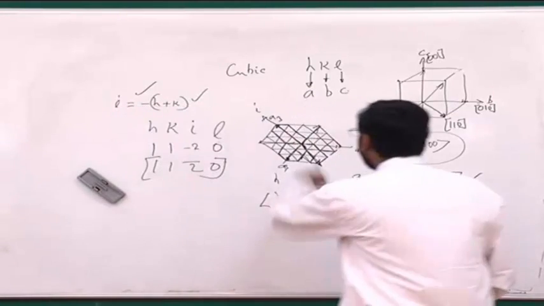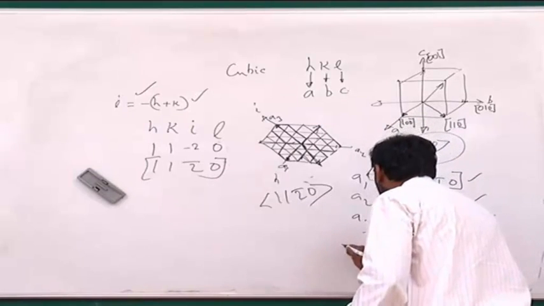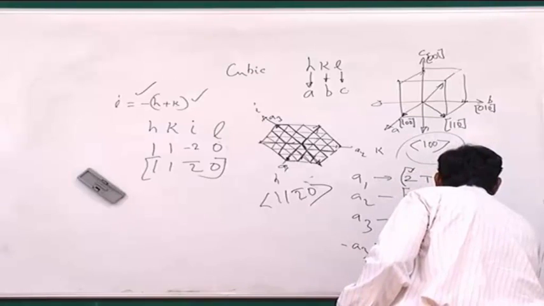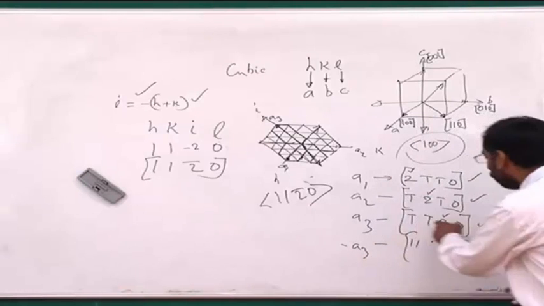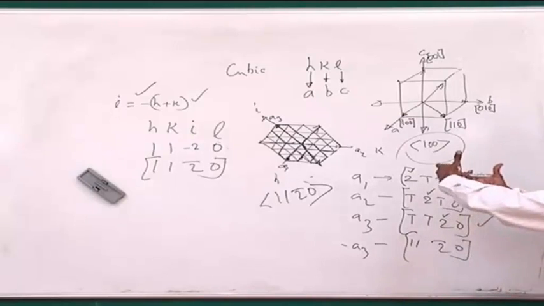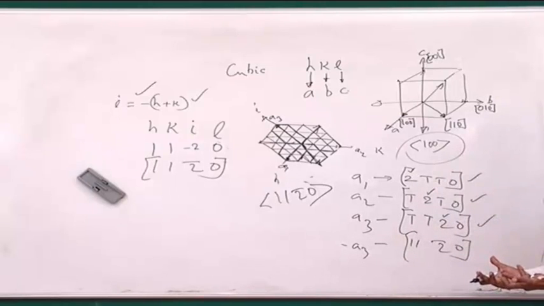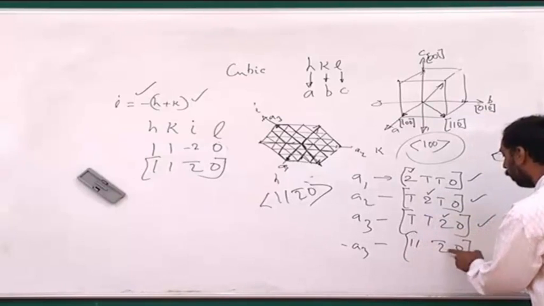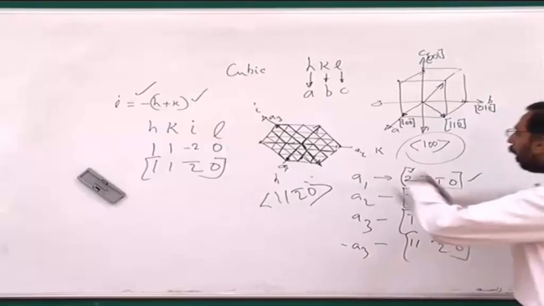So you can see this is actually negative of A3. So minus of A3 is what? 1, 1, bar 2, 0. This is bar 1, 2, 0. This is 1, 1, bar 2, 0, which is the inverse of it. Very clearly I can see this. So if this is bar 1, 2, 0, this will be 1, 1, bar 2, 0. And the other two also.